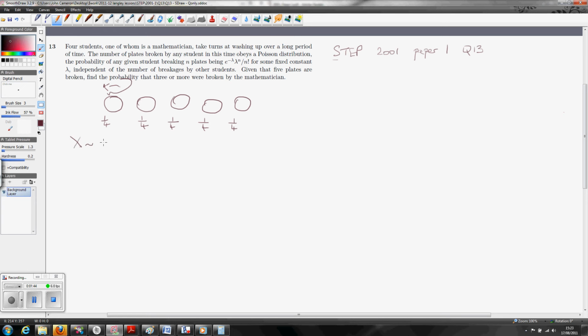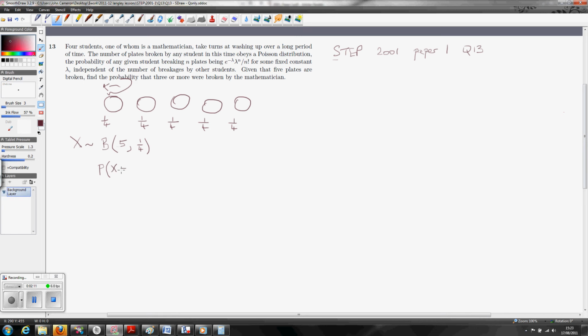So let's have a variable x, binomial distribution, where there are 5 plates, if you like 5 trials, and a quarter of a chance of the mathematician being the one who breaks that particular plate. We're given that 5 plates were broken. So what we've got to work out is the probability that x is greater than or equal to 3.